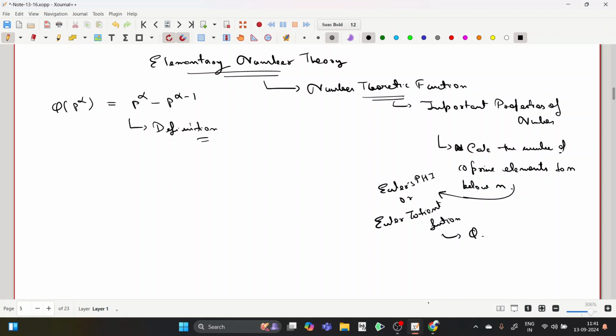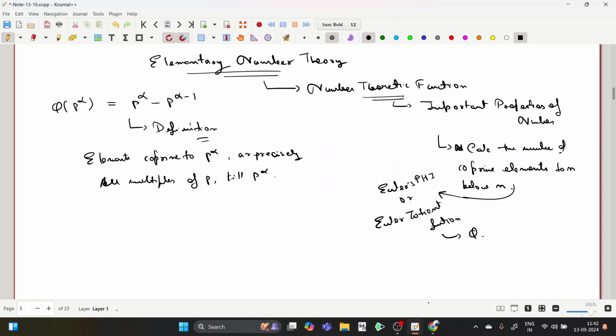Now observe that the elements which are coprime to p to the power alpha are precisely all multiples of p till p to the power alpha, because after all we are concerned about elements below n, or less than or equal to n, but the number itself will obviously not be coprime to itself.